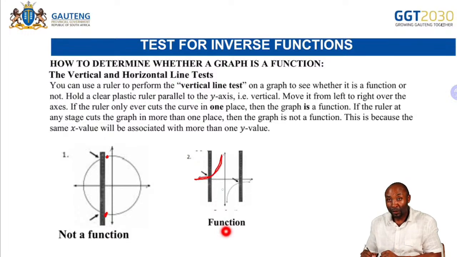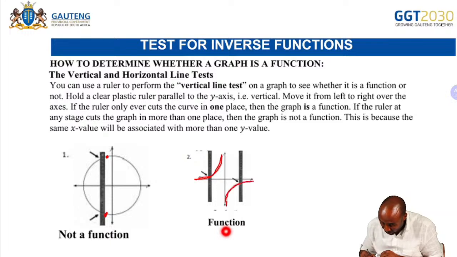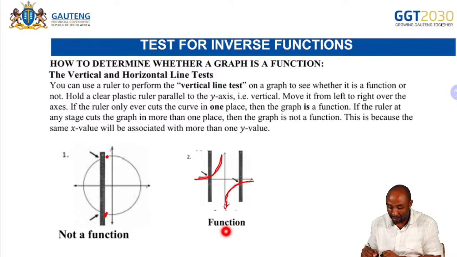There's an asymptote there, and we know that at an asymptote our graph is not defined. And if you have that other arm of our hyperbola, you are able to see that the ruler will only intersect one part at any given time. It can't intersect two parts of that hyperbola at any given moment. It will only intersect it once, so this is a function.